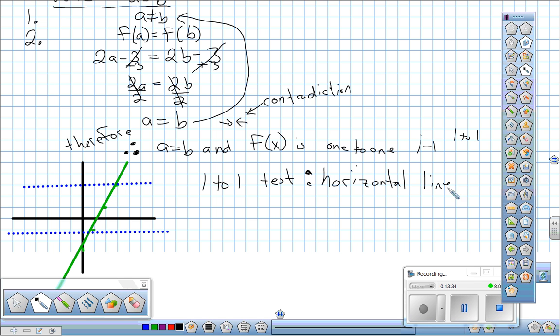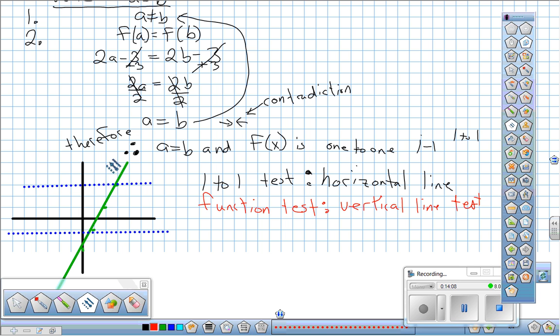And just a reminder, to test if something is a function, our function test would be our vertical line test. So what happens is I could have my vertical line test.